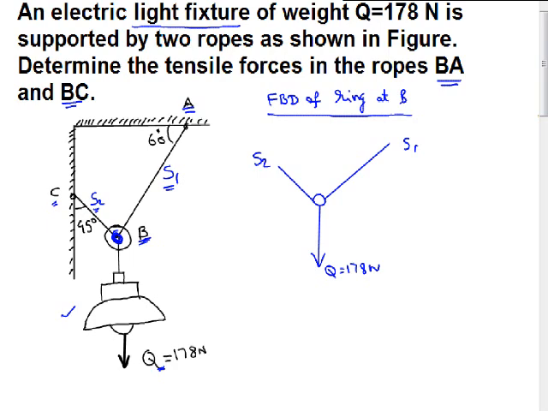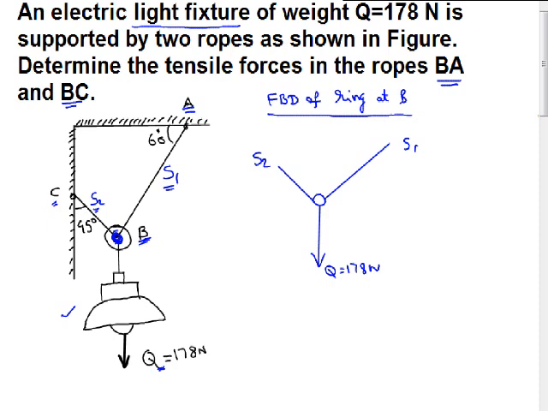See what this ring is doing to S1. This ring is pulled down by a force Q. So this ring exerts some force on the rope BA and exerts some force on rope BC.